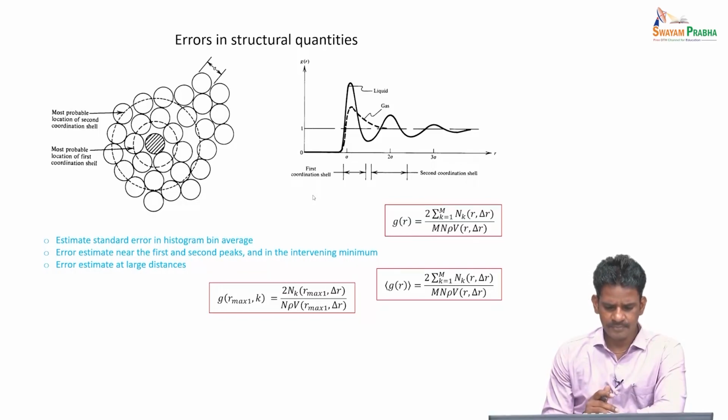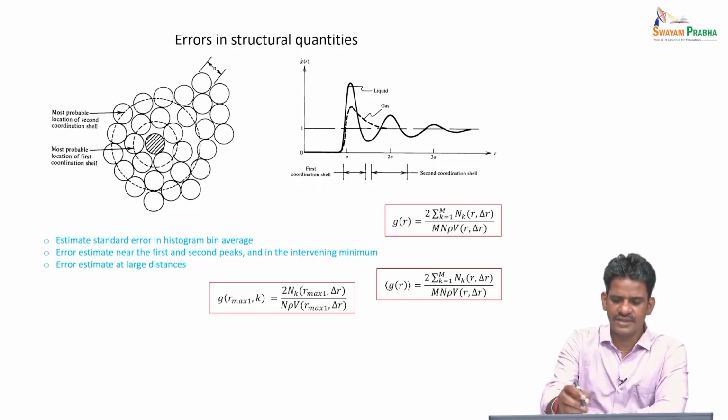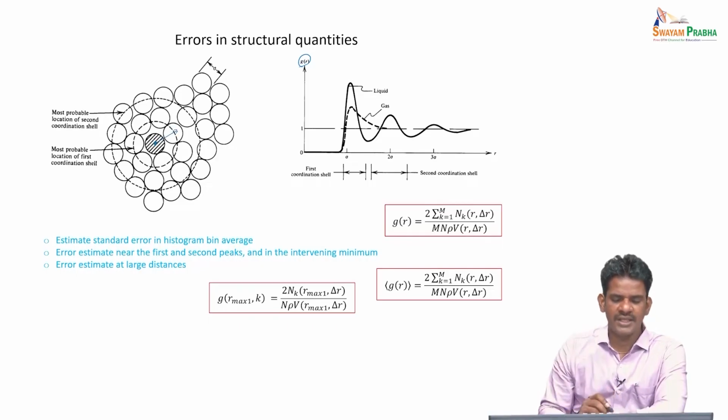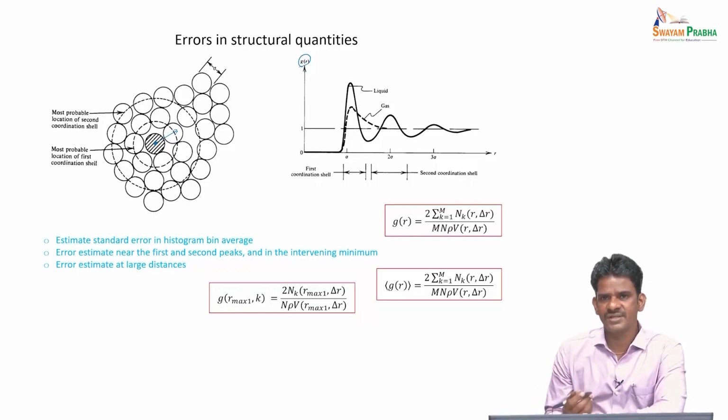For instance, we talked about the radial distribution function, given as g of r. It tells us that if I tag a particular particle and go radially outward, at a given distance, the probability of finding a neighbor at that distance is given by g of r. This g of r also has a certain signature depending upon the phase of the matter.